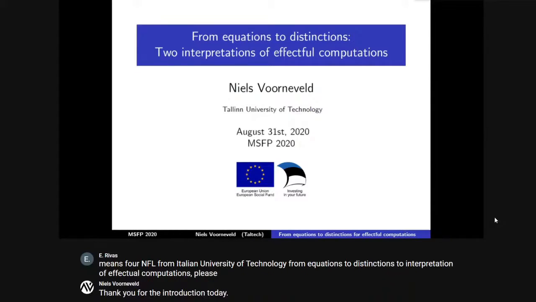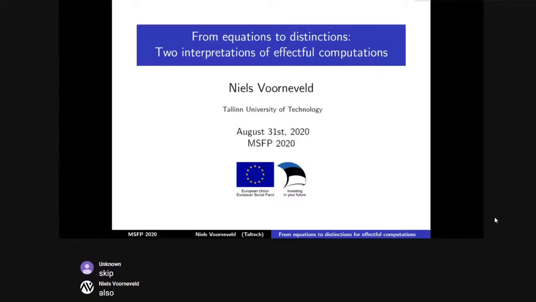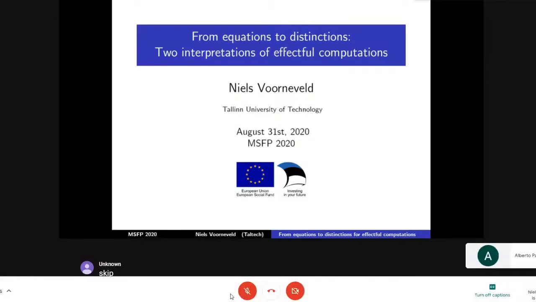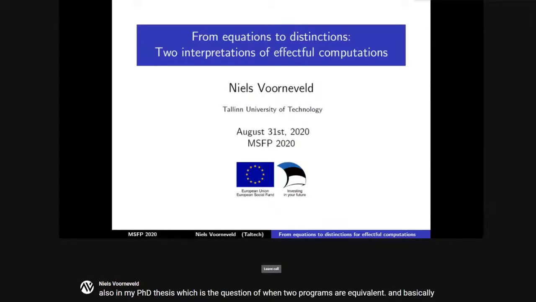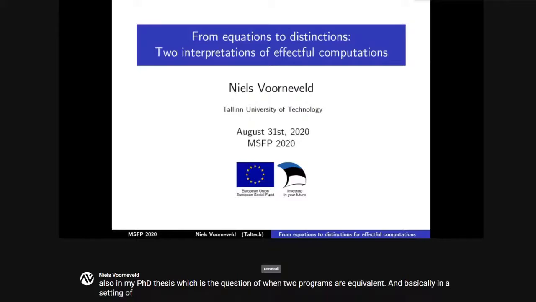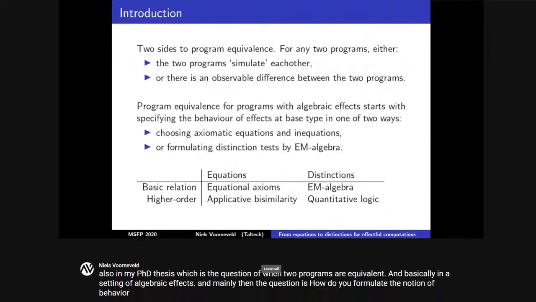Today I wanted to talk to you about something I've been thinking about for the last couple of years, mostly also in my PhD thesis, which is the question of when two programs are equivalent, basically in the setting of algebraic effects. And mainly the question is, how do you formulate the notion of behavior of effects?